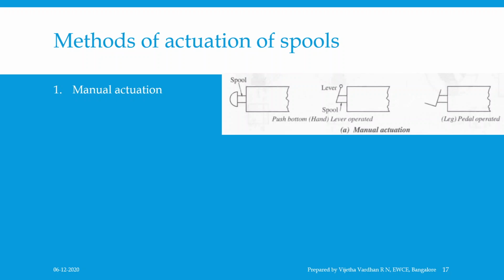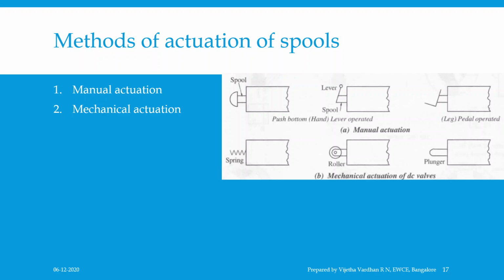It could be levers and push buttons operated by hand, and a pedal operated by leg. Then another type is called mechanical actuation. The spool can be operated by mechanical means using spring, roller, plunger, etc. Operations of levers and push buttons require less force than pedal operations.